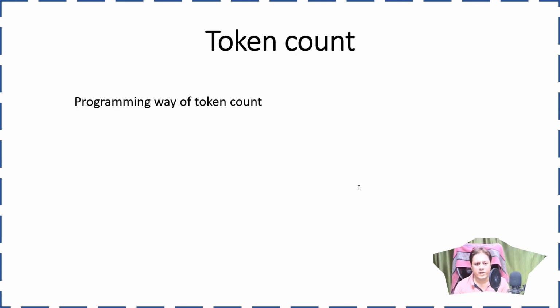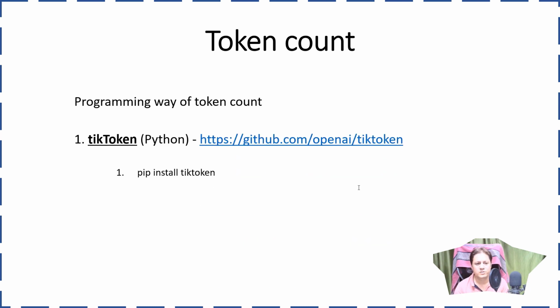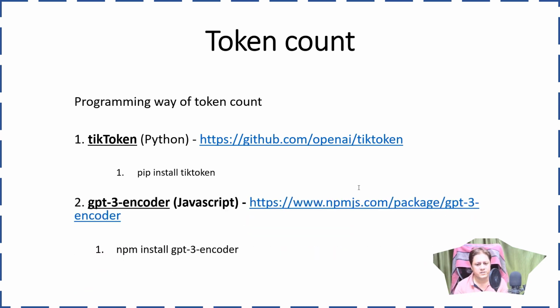If you want to get the token count programmatically, you can use tiktoken if you are using the Python library. I have given the link here. Its name is tiktoken. You need to install it using the command pip install tiktoken and start using it. And if you want a JavaScript library for that, you can use GPT-3 encoder, which will tell you, even before sending to the server, how many tokens are there in your text, so that you can understand and make necessary changes.